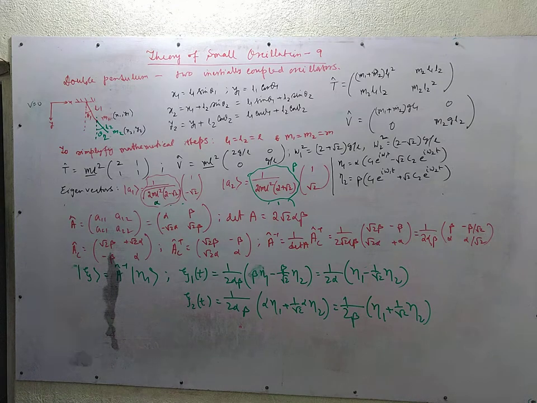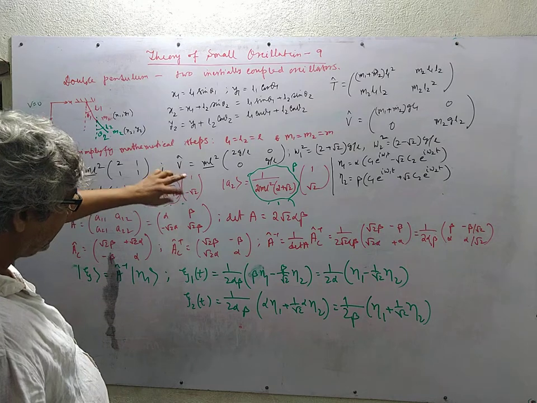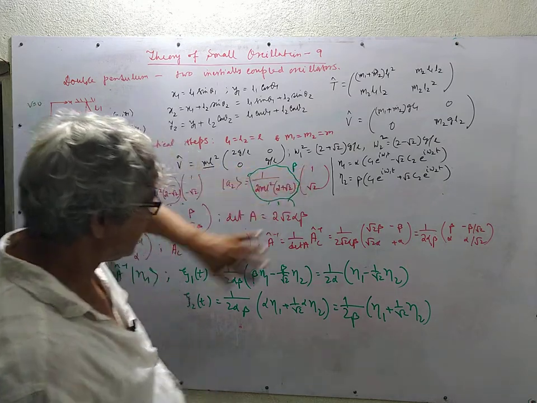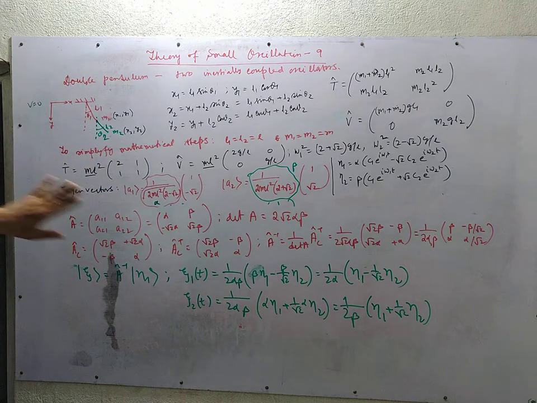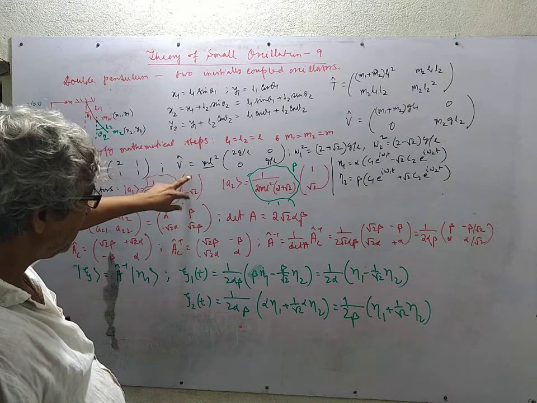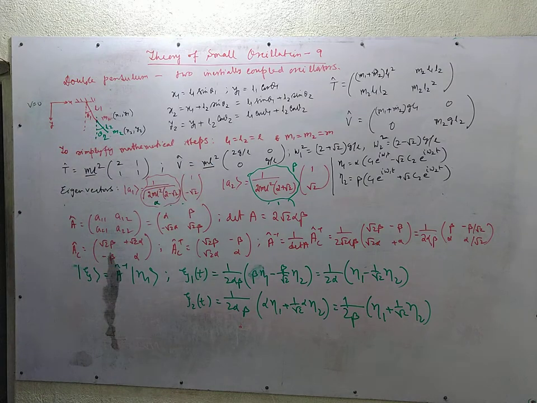One thing I forgot to mention is the significance of the sign. By this time you are aware of the fact that this is an out of phase oscillation, this is an in phase oscillation, and the displacements are not of equal magnitude, but there is a root 2 factor involved between them.